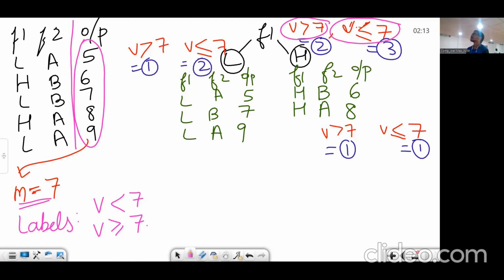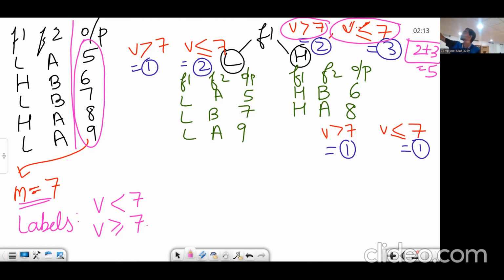Now we need to find out in our data set how many values are greater than the mean. There are 2 values. How many values are less than or equal to the mean? There are 3 values. Now feature 1 has the possible values low and high, so we made the subsets of the data set accordingly. Now we know that the total examples are 2 plus 3 equal to 5.